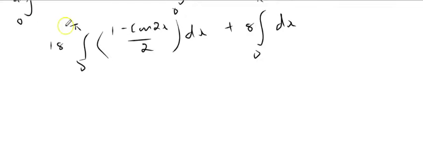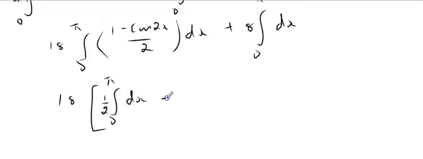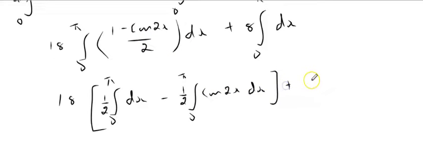I can now further separate this as 18 into integration of 0 to pi half dx. I can take this half also outside, and dx minus integration of 0 to pi, I'll take the half outside, that will give me cos 2x dx plus 8 integration of 0 to pi dx.